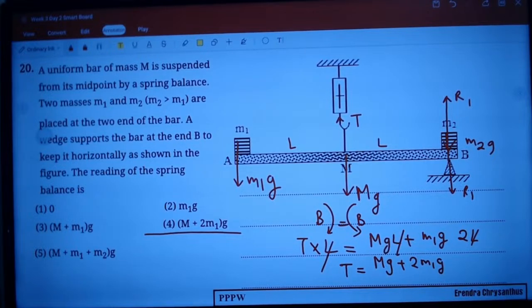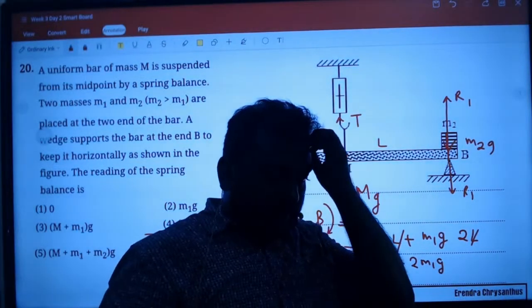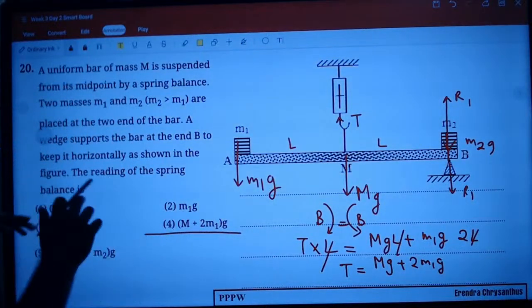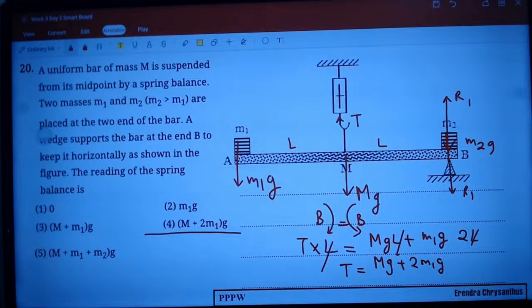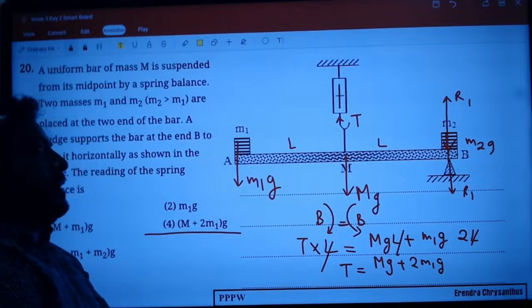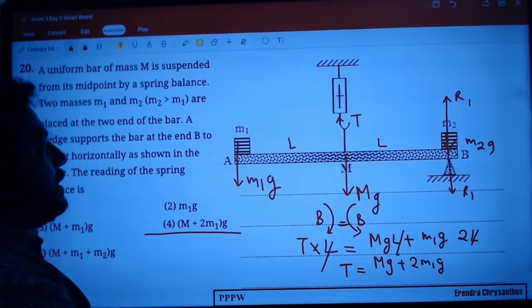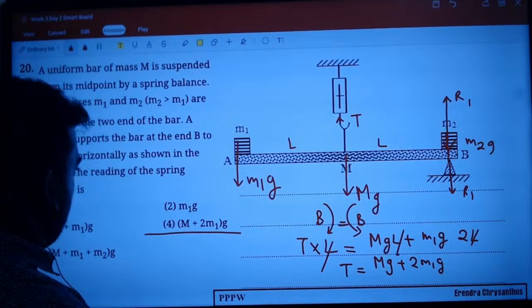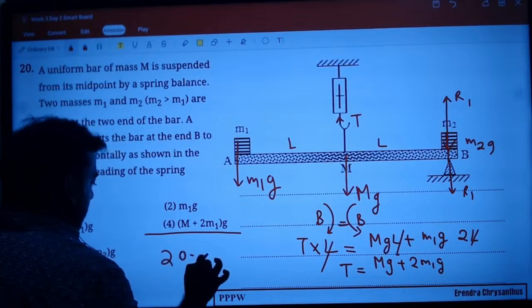Right now? So if I timed it today from exactly 9:30 to 10:20, discussing 20 MCQs takes around 50 minutes. So generally for 20 MCQs, 50 minutes.